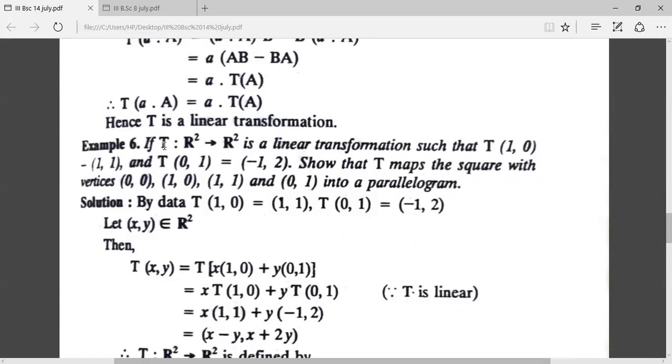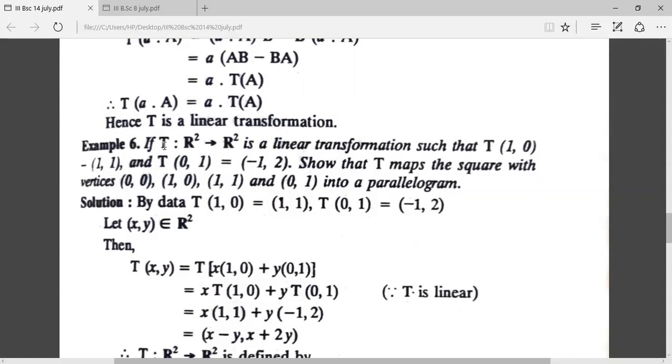Next, after finding the linear transformation, what we have to prove is the mapping of that function T, or that linear transformation T, which maps the vertices of the square. A square has 4 vertices. So what are the 4 vertices given there? It is (0, 0), (1, 0), (1, 1), and (0, 1).